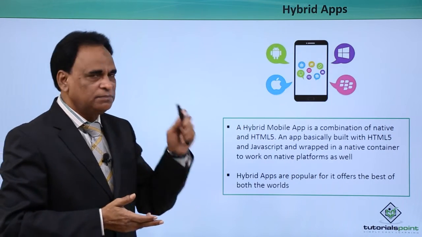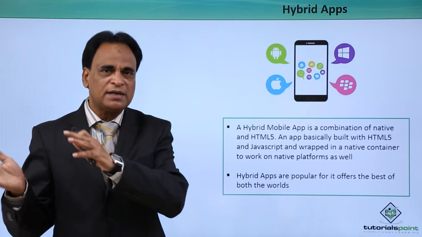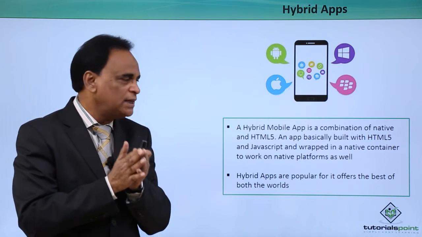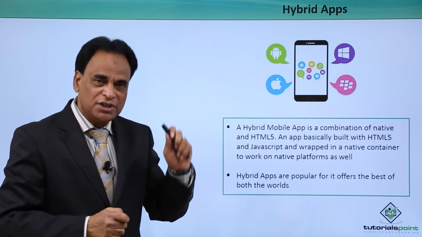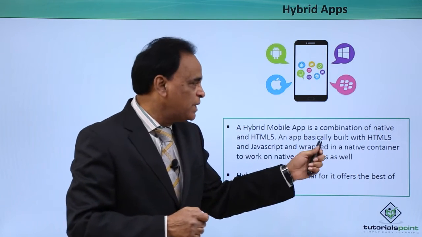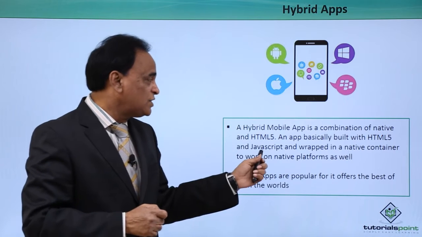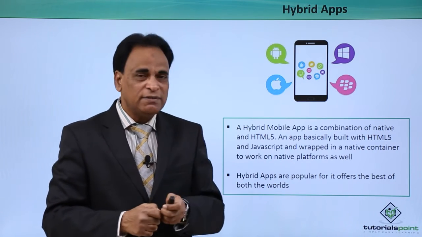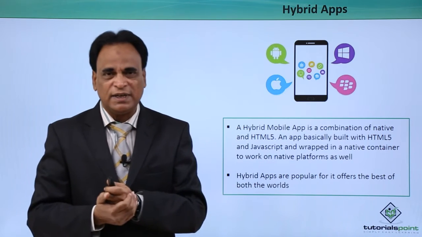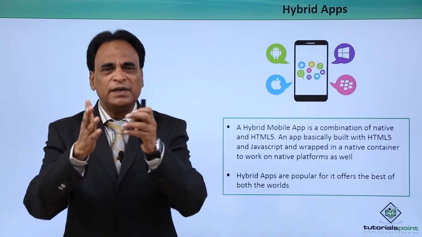Then we have the hybrid apps. Hybrids are in sharp contrast to native apps. A hybrid app is a combination of a native app and HTML5. It is built with HTML5 and JavaScript, wrapped in a native container to work on native platforms as well. This is a bit different from native apps.